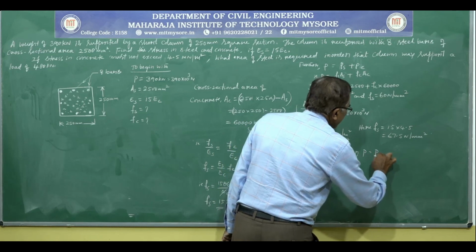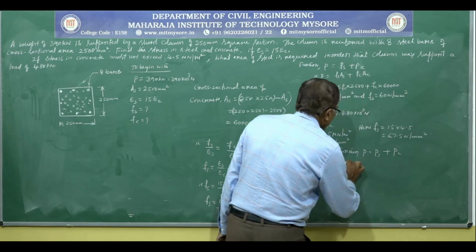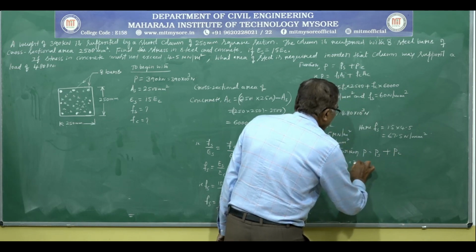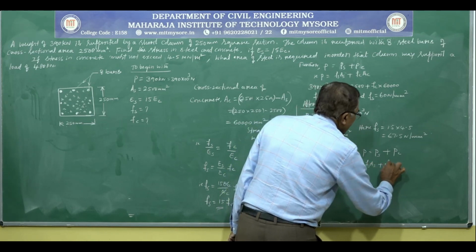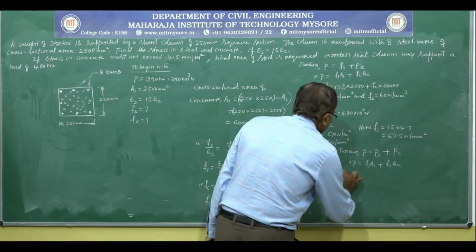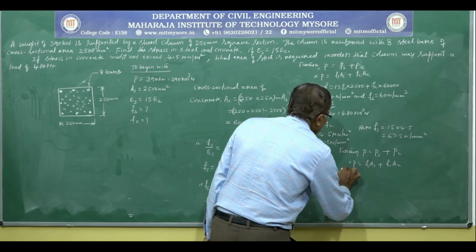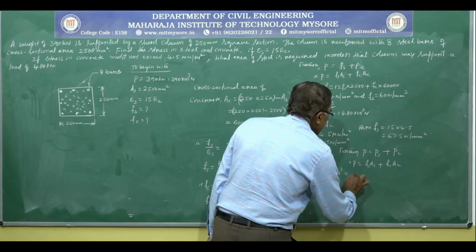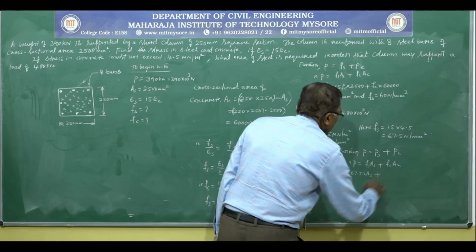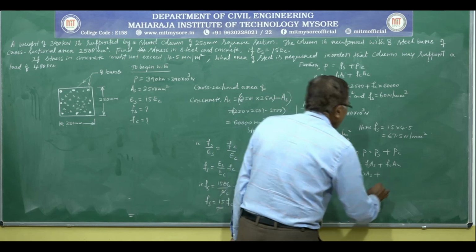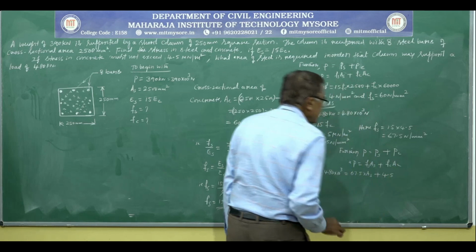Next, further, again the same condition, P is equal to Ps plus Pc, that is P is equal to Fs As plus Fc Ac. P is 480 into 10 power 3 is equal to Fs, 67.5 into As, which is unknown, plus Fc, 4.5, into Ac.